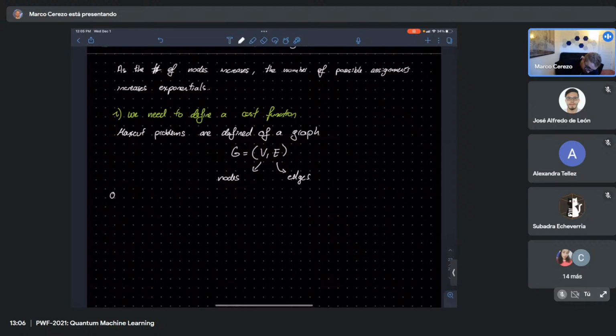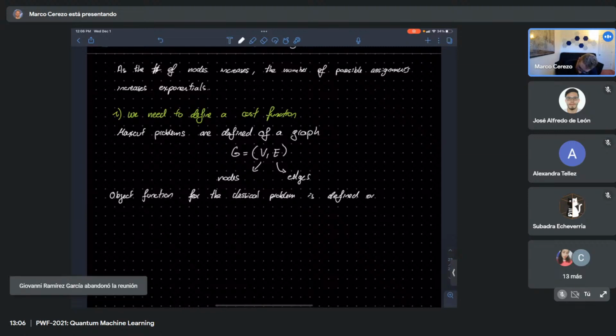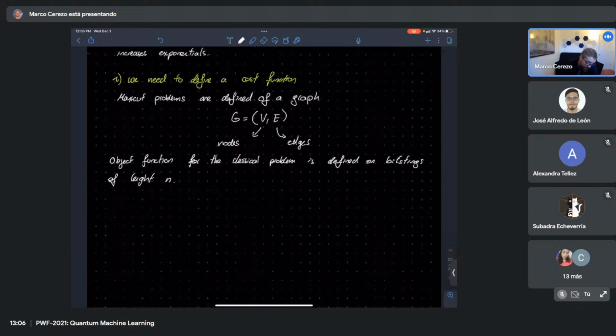So the objective function, and I'm calling it objective function and not cost function to note that this is for the classical problem, let's be very explicit, is defined on bit strings of length n.